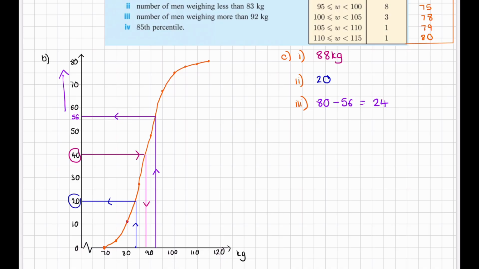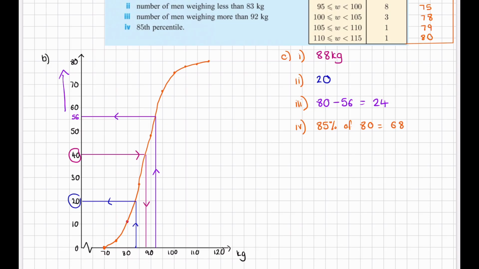And the last part is the 85th percentile, which means we want to know what value, what weight is 85% of the way through the data. We have 80 in total, so we need to find 85% of 80, which is 68.